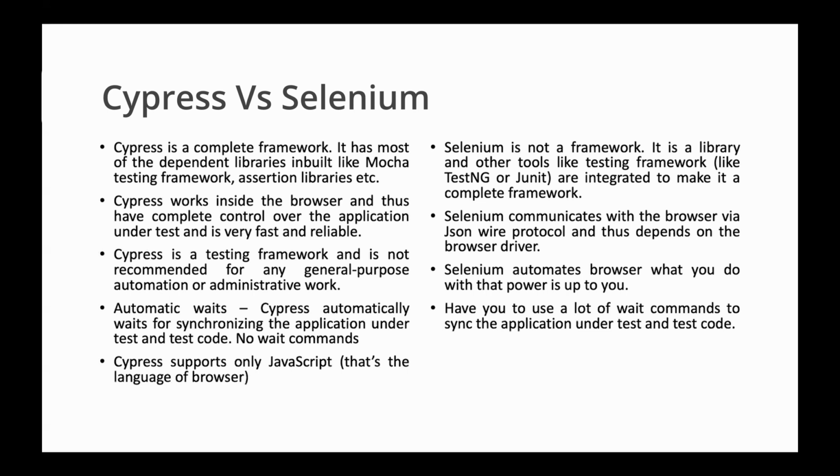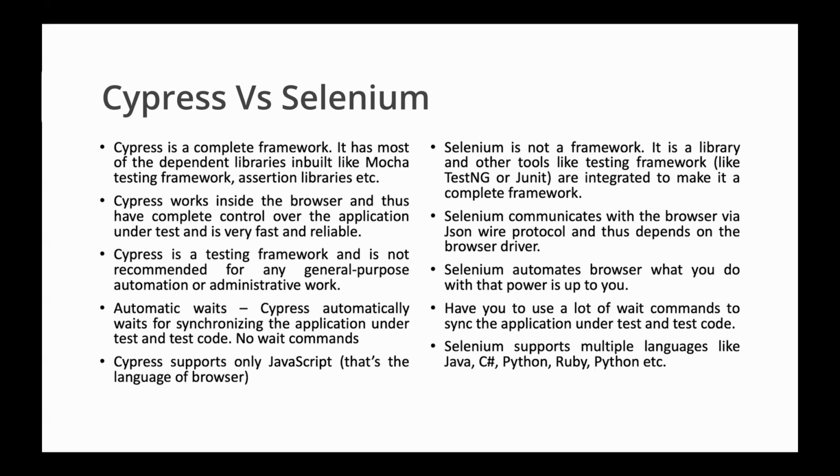Then Cypress supports only JavaScript. That's the language of the browser. So they are not going to support any other language. Whereas Selenium supports all the famous languages: Java, C Sharp, Python, Ruby, Perl. And that was one of the reasons Selenium became famous. But since Cypress has a different purpose, the main purpose of it is to test the UI, test the application.